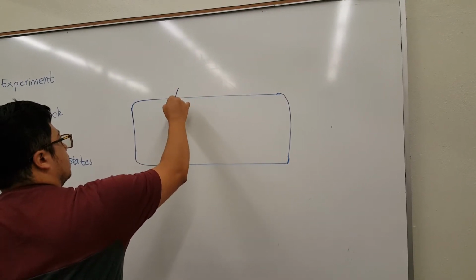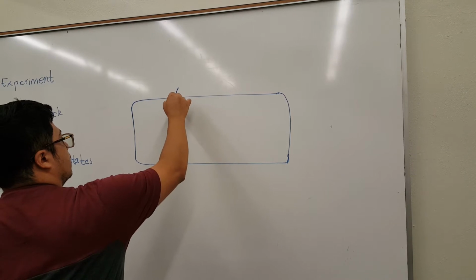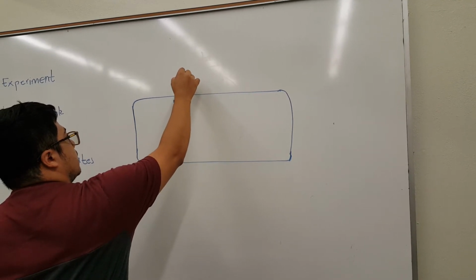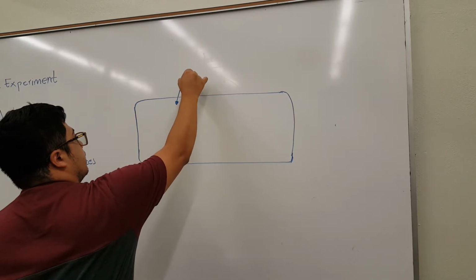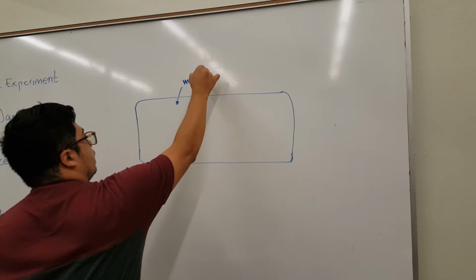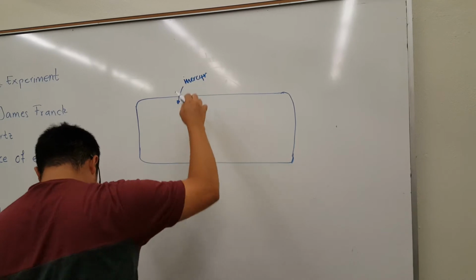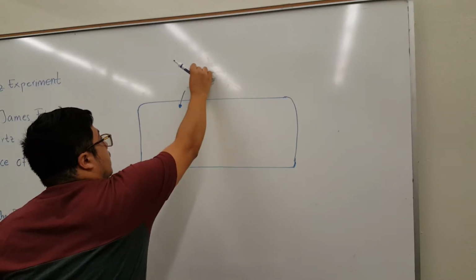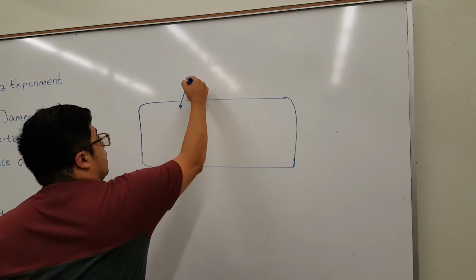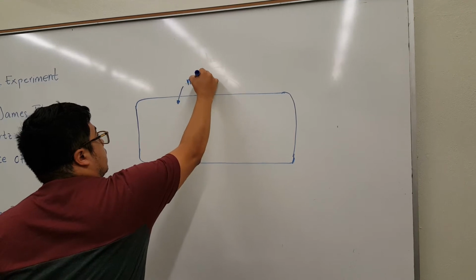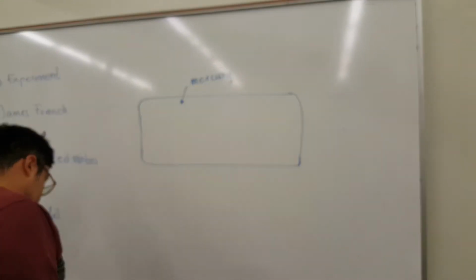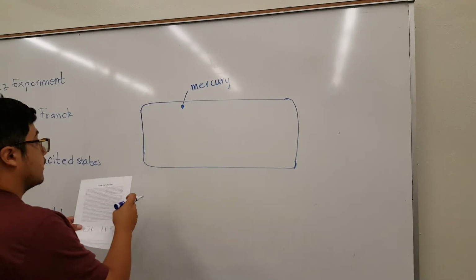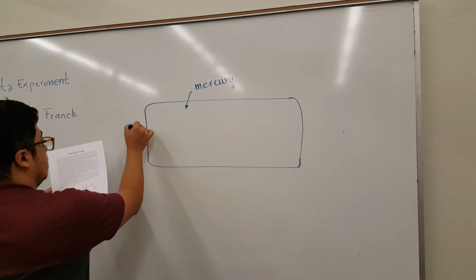For the Frank-Hertz experiment, it contained mercury. Inside this gas tube, you have the following components.